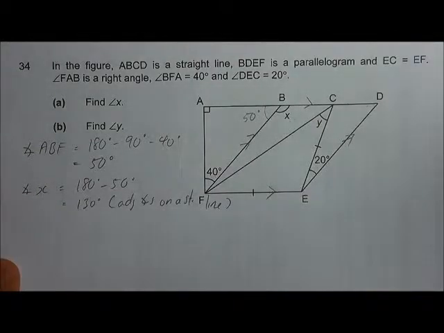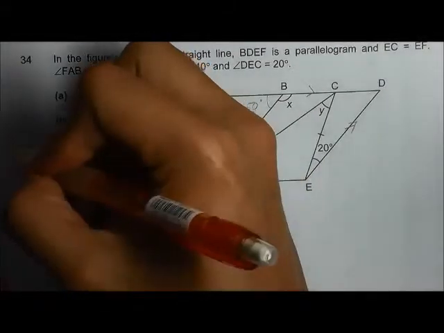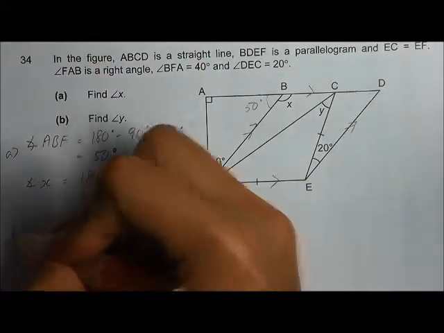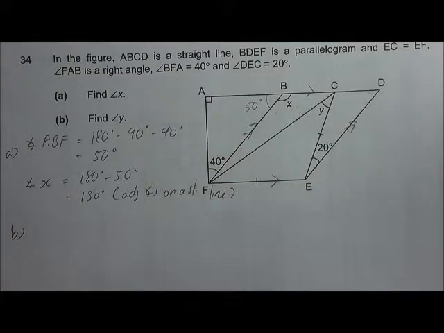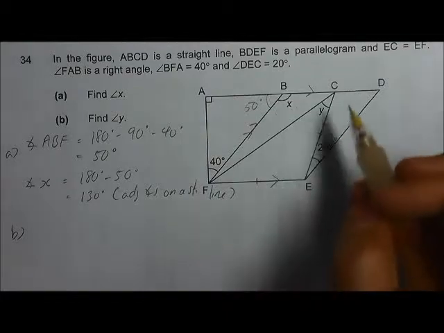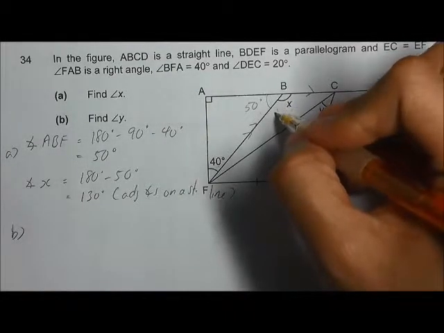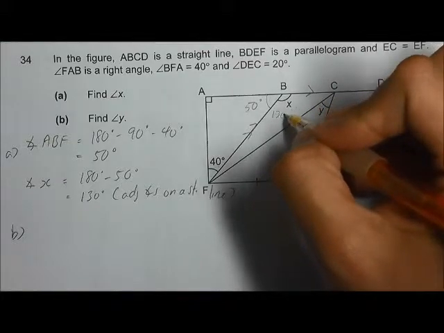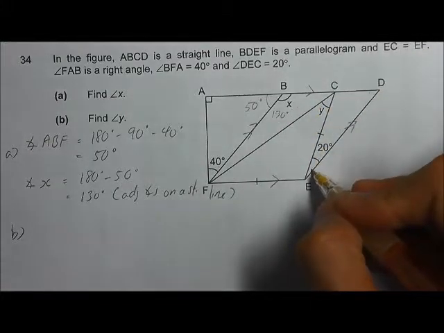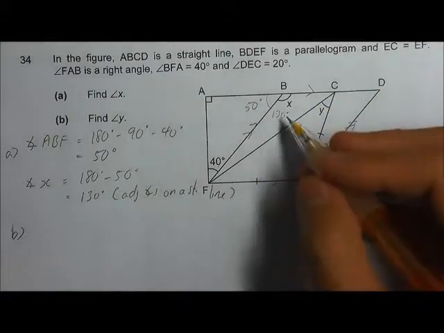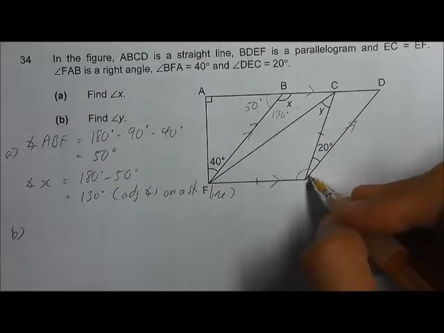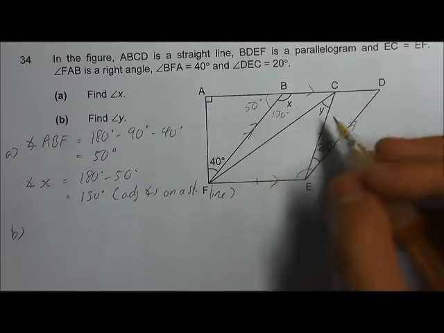Okay, next we go on to part B to find angle Y. So what we can find here will be angle DEF. Since angle X is 130, angle DEF is the opposite angle in the parallelogram.